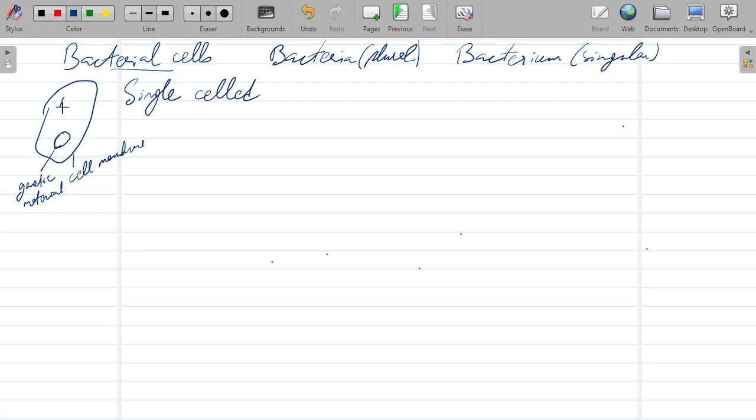And they don't have mitochondria. They've got ribosomes. Some of them have certain other features, so let's look at that. They have cell walls, which may be made up of sugars, proteins, and lipids. These are different biological molecules which we will talk about.